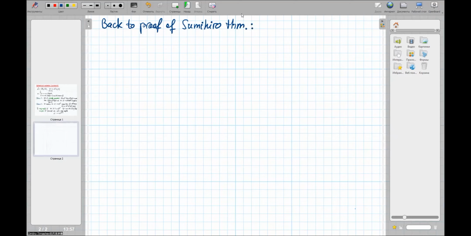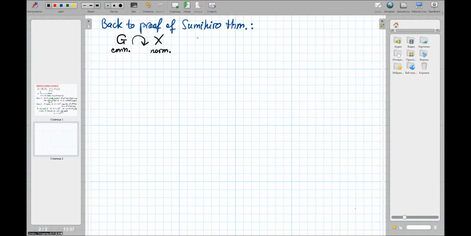So what is our situation? Let me recall what is Sumihiro's theorem. We have an action of a connected algebraic group, not necessarily reductive, on a normal algebraic variety.